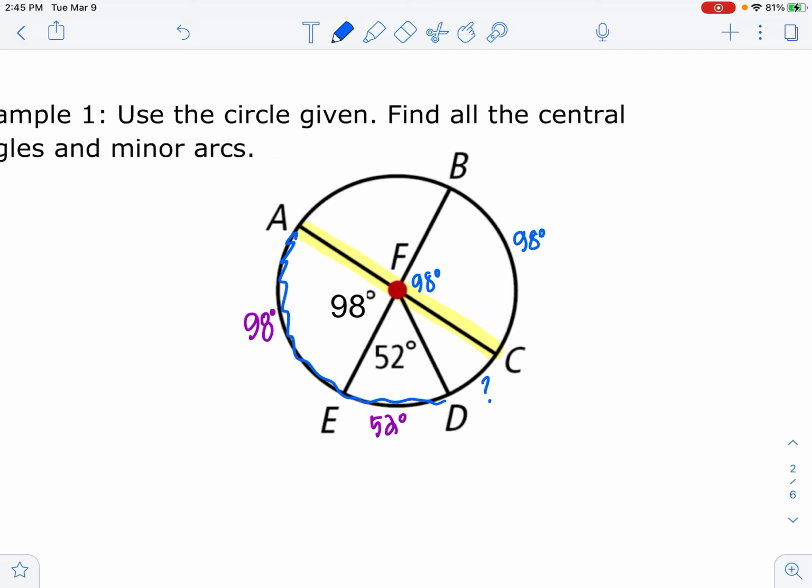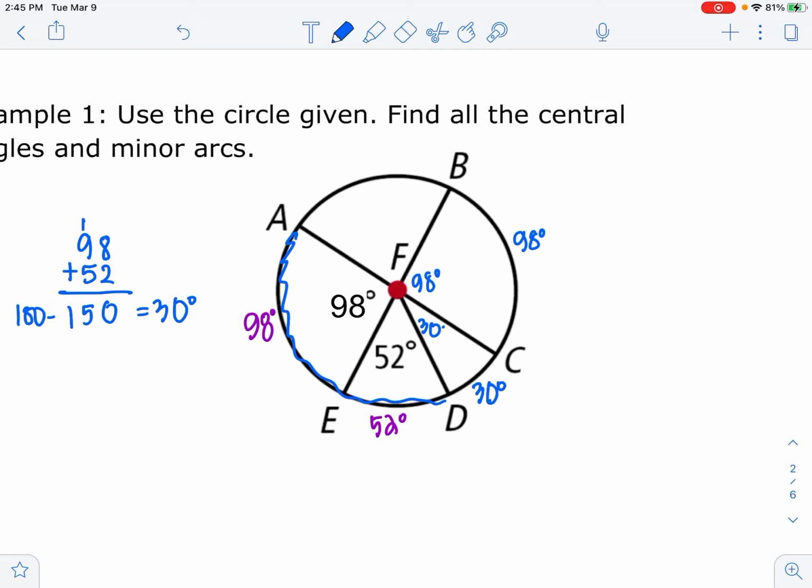So what I'm going to do is 98 plus 52 and do 180 minus that. 98 plus 52: 0, carry the 1, that's 150. And then 180 minus that, and I get 30 degrees. So that arc and that angle is 30 degrees. 30 degrees, 30 degrees.